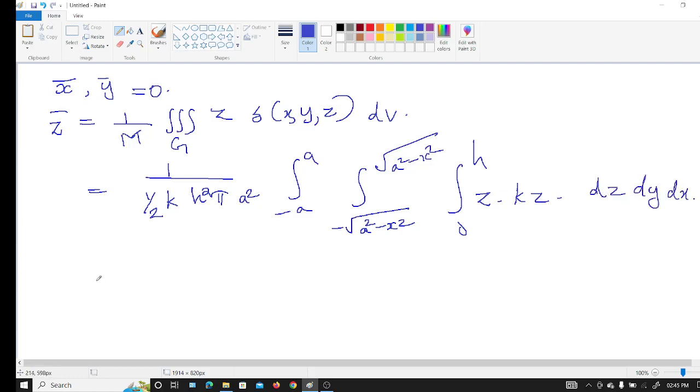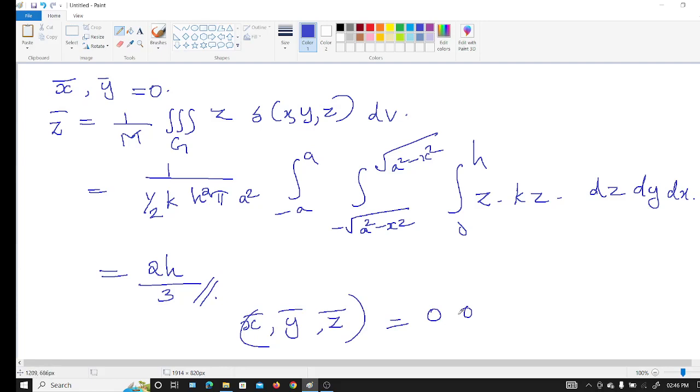Now you can do the integration and you will have the answer 2h by 3. So the center of gravity x bar, y bar, z bar is 0, 0, 2h by 3. So this is the required answer.